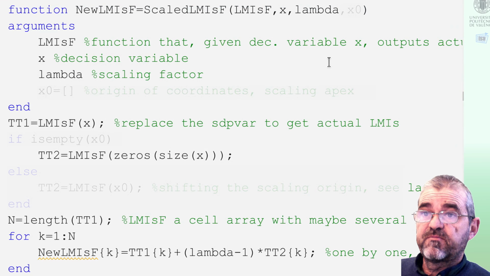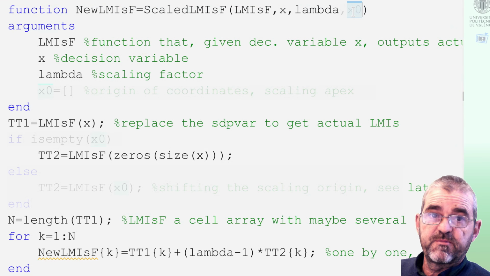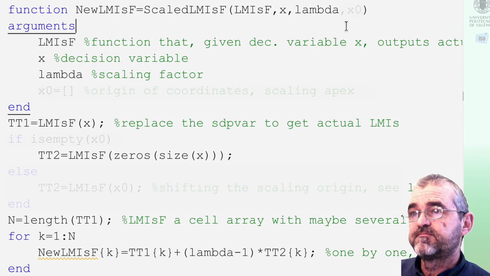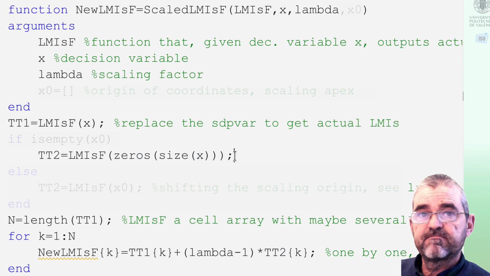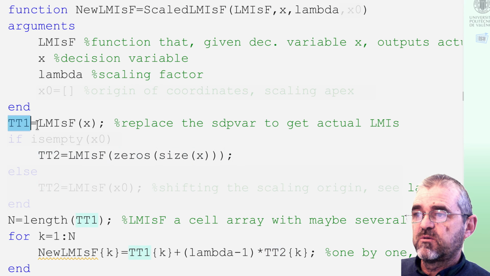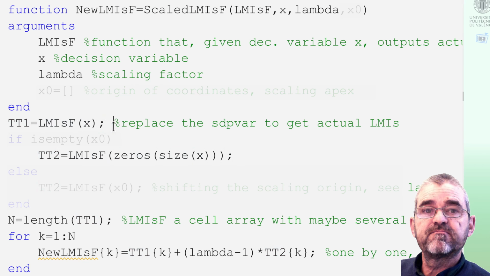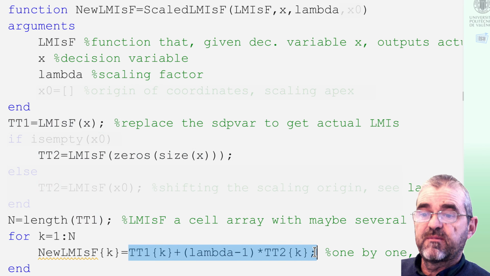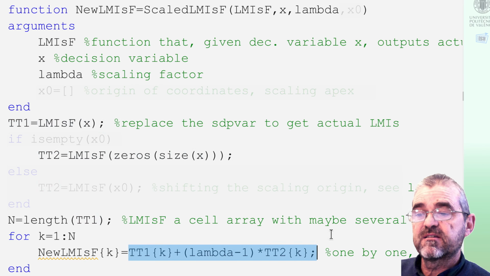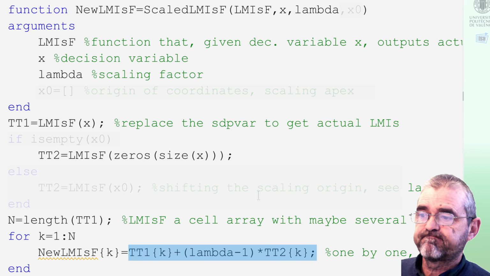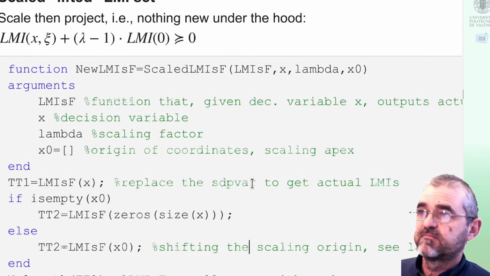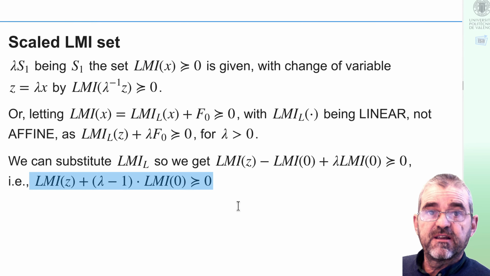And in this code, if you forget about x0, we'll speak about it in a minute. I will call tt2 the LMIs of 0. I will call tt1 the whole LMIs, and then each of the LMIs of the original set will be replaced by the linear part plus lambda minus 1 times the constant part, in that line at the bottom, which is implementing this expression like here.